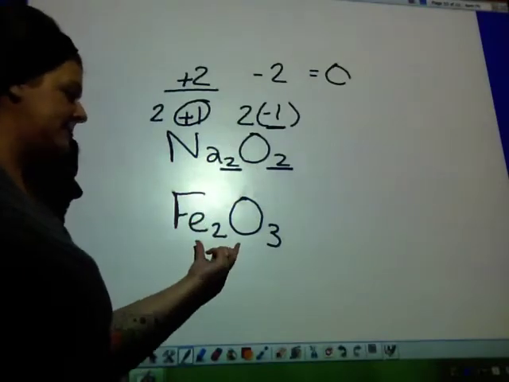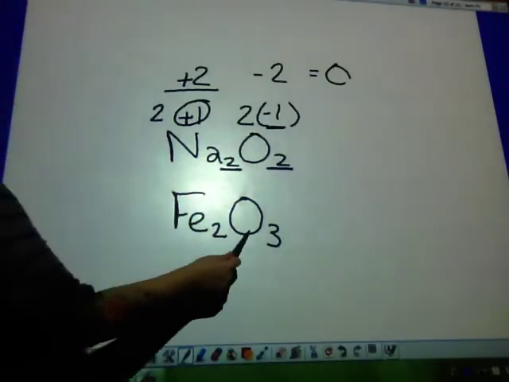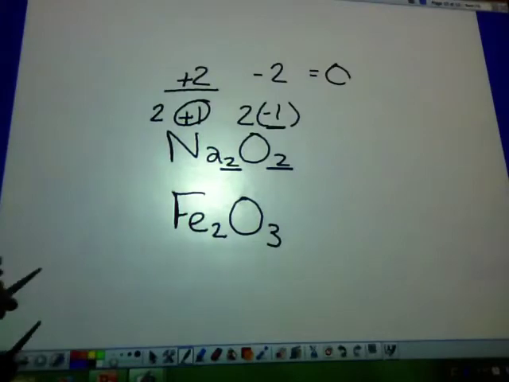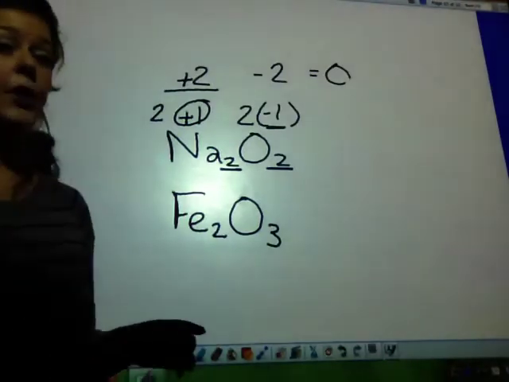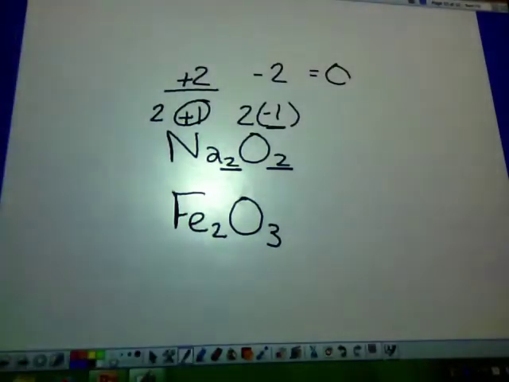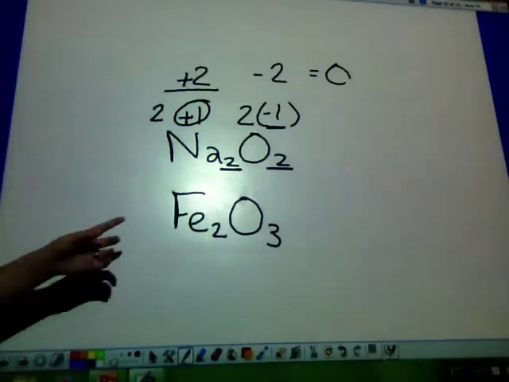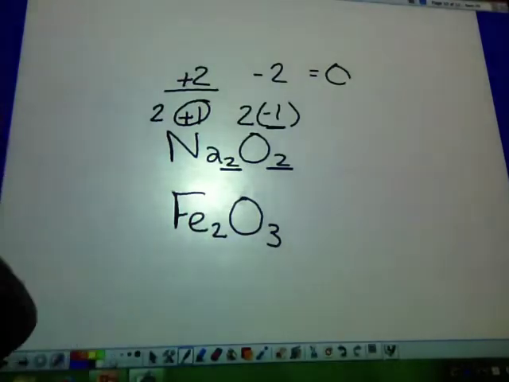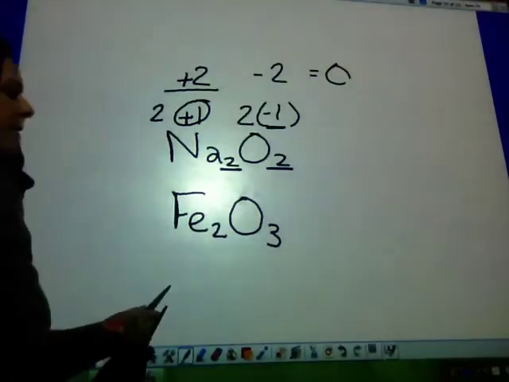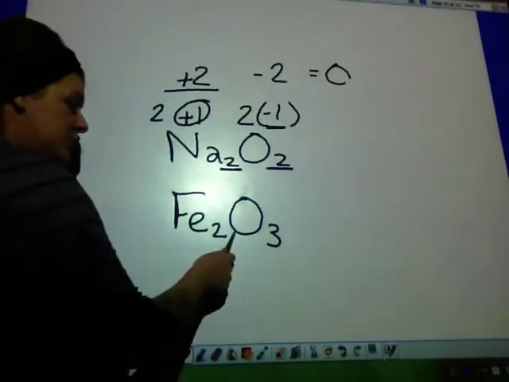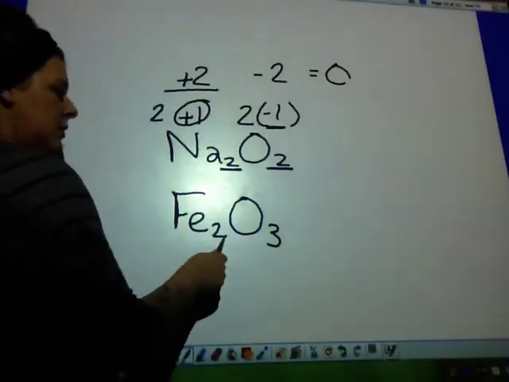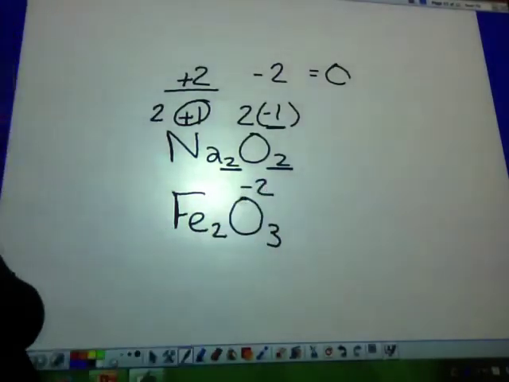In this case, I have iron reacting with oxygen. Well, iron is a transition metal, and iron doesn't have a specific rule that goes along with it so far that I know. Because iron could be any charge, I'm going to assume that oxygen has the -2 oxidation state.